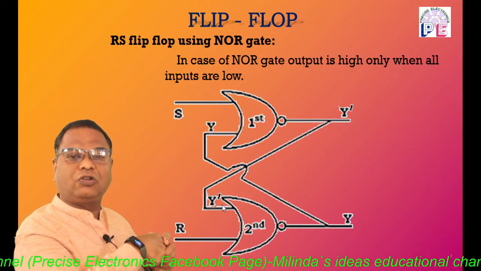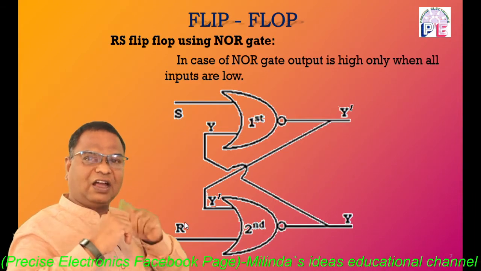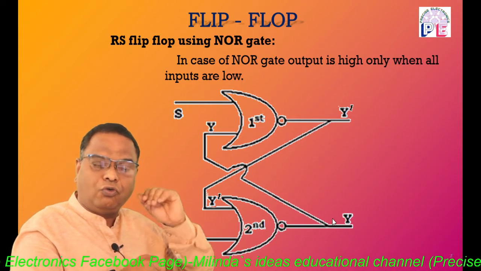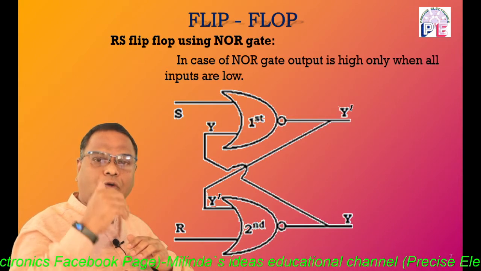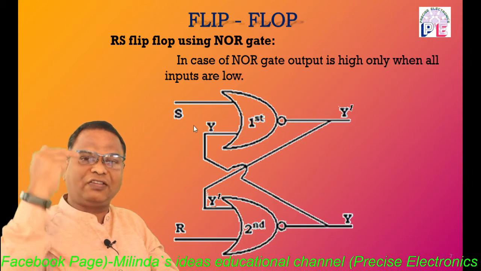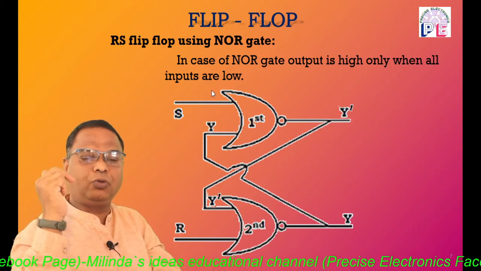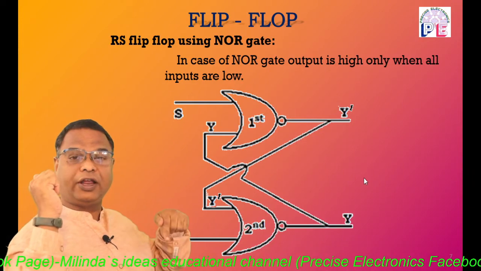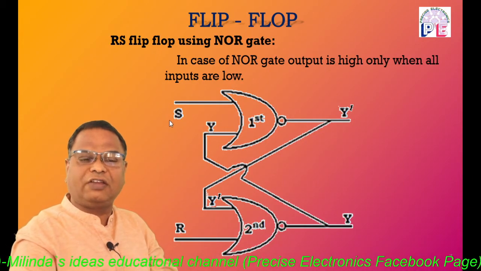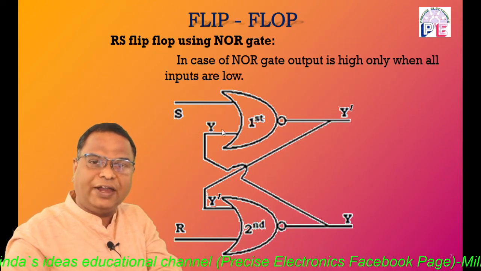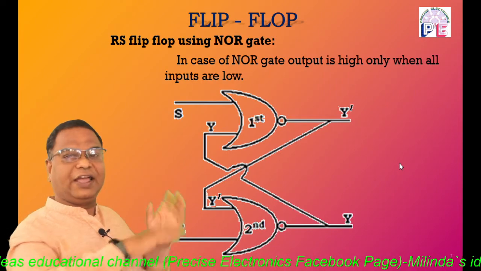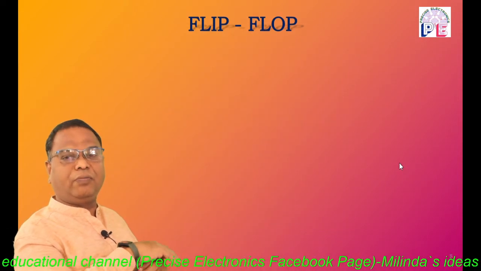So the actual inputs for the second NOR gate are reset, that is R, and Y complement, whose output is now Y. While the inputs for the upper NOR gate are the set input, that is the trigger input, and the output of the lower NOR gate, that is Y. So the inputs for the first, or upper, NOR gate are set input and Y, whose output is Y complement.